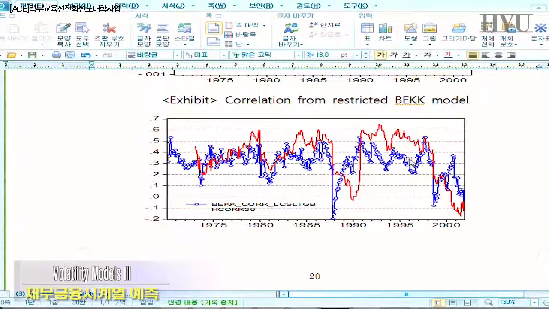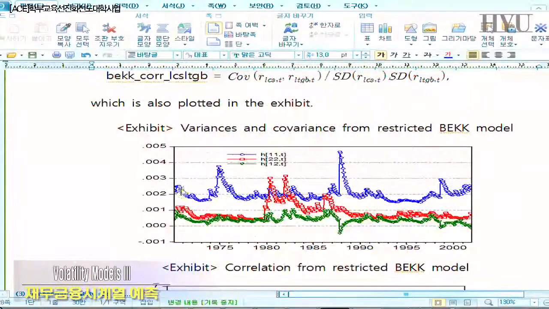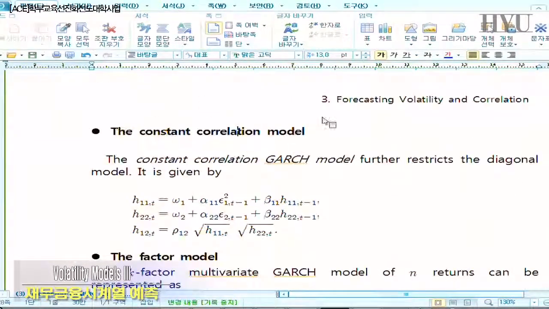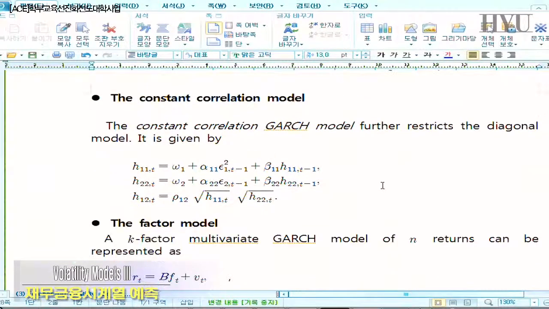Well, you have to sacrifice something, right? So you may build, let's say, a 7 variable model where volatility could change, but correlation is assumed to be constant. Pairwise correlation is constant. So that's a more restricted version, right? In some applications, it may be meaningful. In some other applications, it may not. So just knowing the name is sufficient.